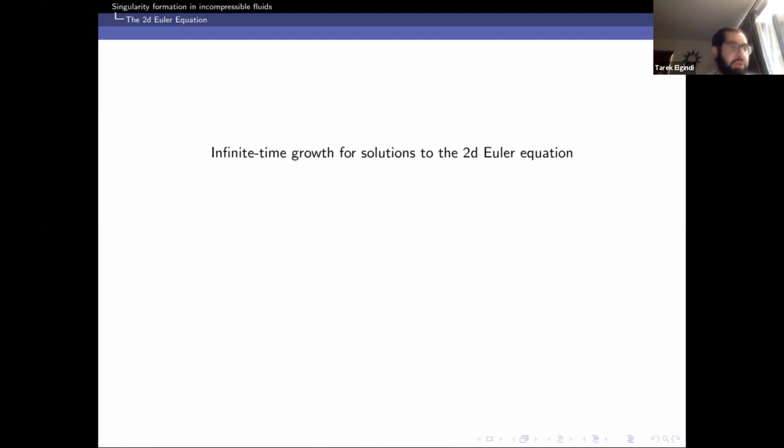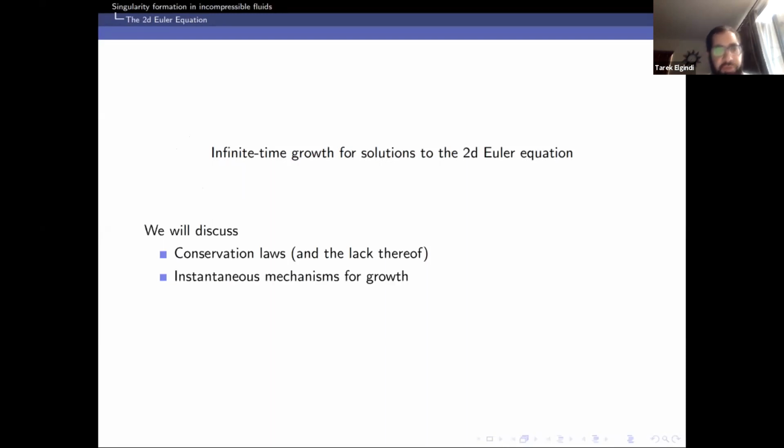This is what I would call the breakdown problem for the 2D Euler equation, the problem of breakdown of solutions as time goes to infinity. We're going to discuss the available conservation laws. We're going to discuss instantaneous mechanisms for growth. And then we're going to discuss a little bit how you maintain these mechanisms for growth.